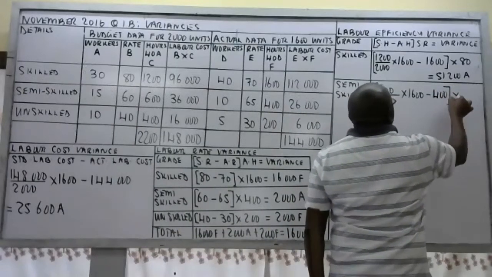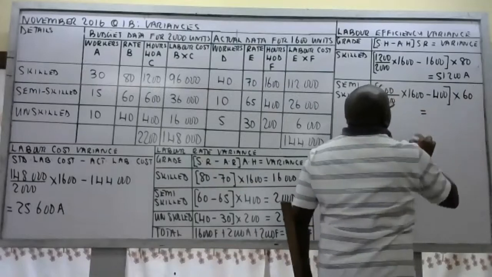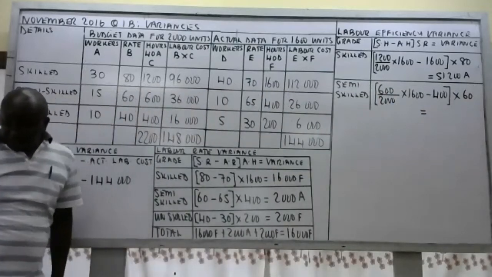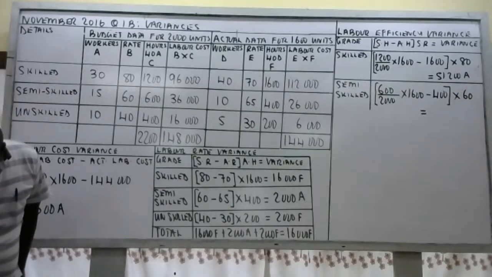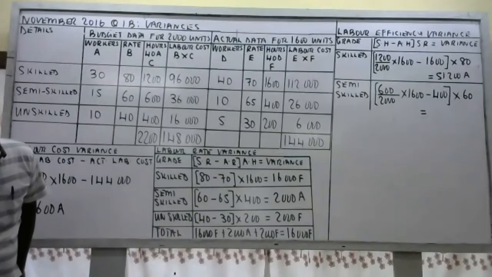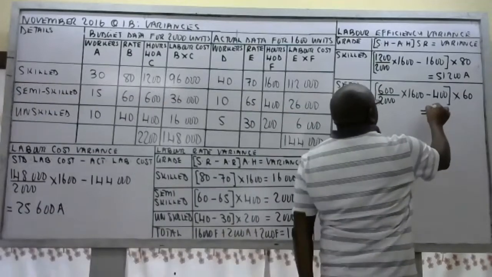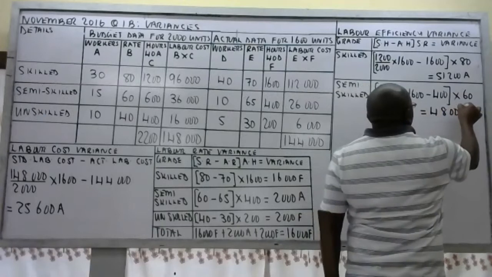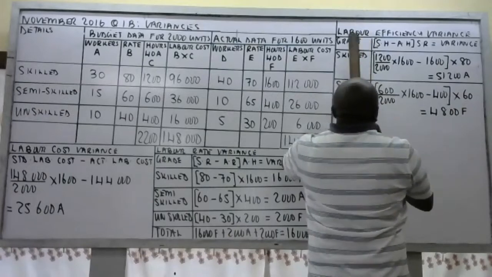And then you multiply by the standard rate of 60. You record 4,800 favorable.